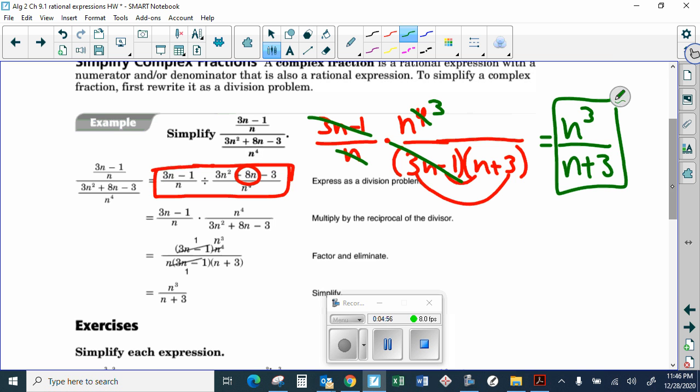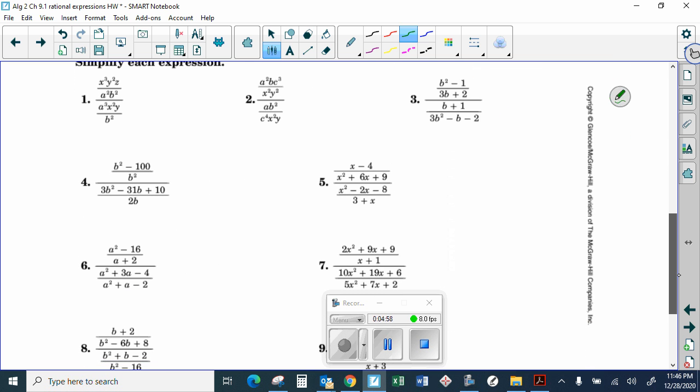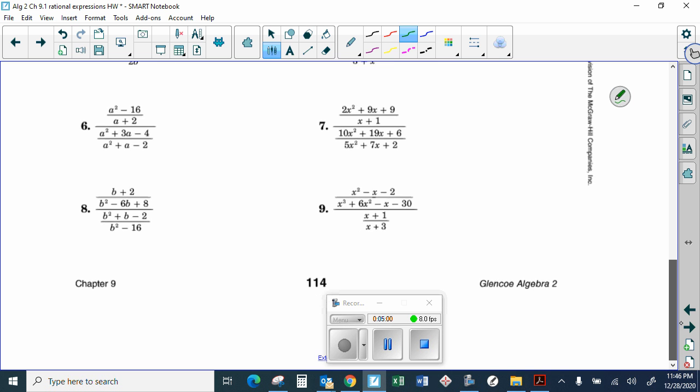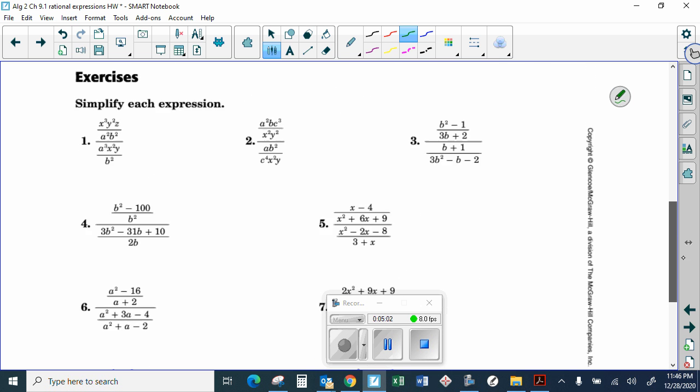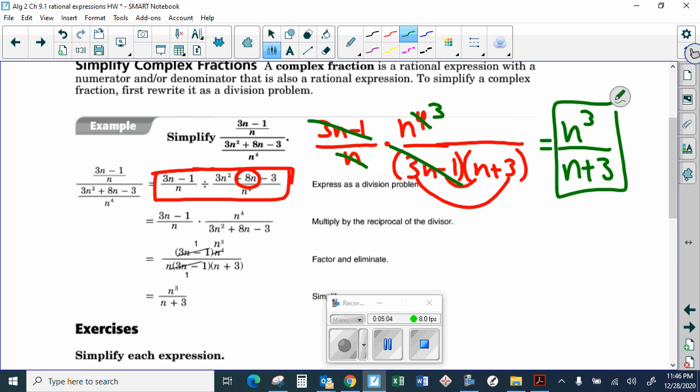Okay. And that is that, because you're doing that over and over to these problems here. So make sure you rewrite it. Change this right away into this right here. And I wouldn't even write this part of it. I would automatically change this to multiplication by the reciprocal and put this in the numerator and this in the denominator right away.